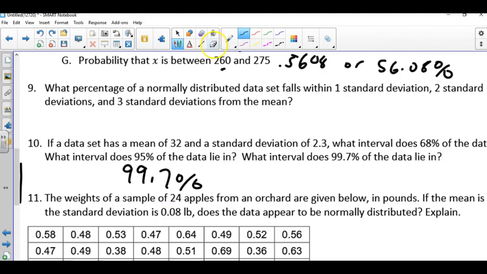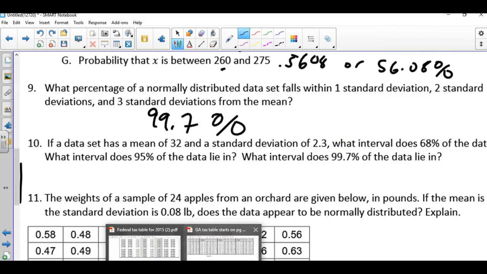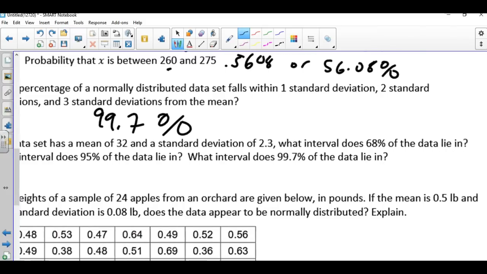Wait a minute. Before I do that one, guys, I realized I skipped one. This was 99.7% for 3 standard deviations. For number 10, if your data set has a mean of 32 and the standard deviation is 2.3, what interval does 68% of the data lie in?